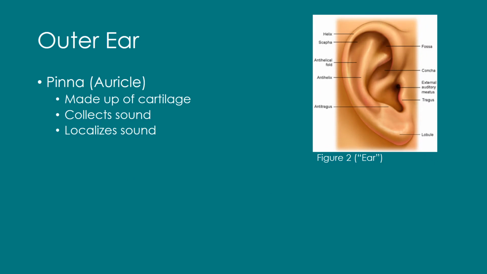The pinna, also known as the auricle, is made up of cartilage. It collects sound and helps localize sound. We can see an example of the pinna in Figure 2. Let's go through and label the parts of the pinna.